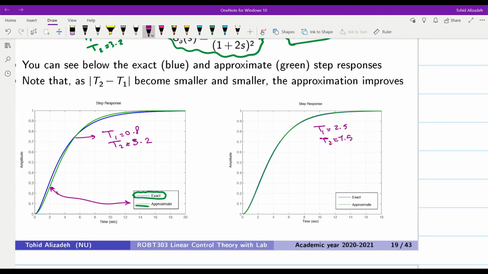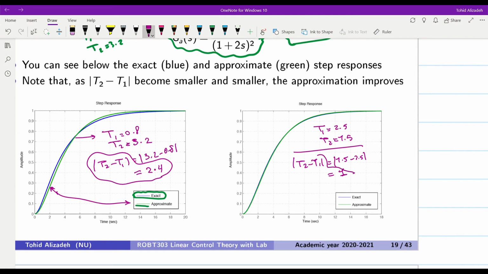You can see the difference over here. T2 minus T1 is equal to 1.5 minus 2.5, and the absolute value will be equal to 1. While in the first case, T2 minus T1 is equal to 3.2 minus 0.8, and this will give us 2.4. So the difference here is bigger, the difference here is smaller.